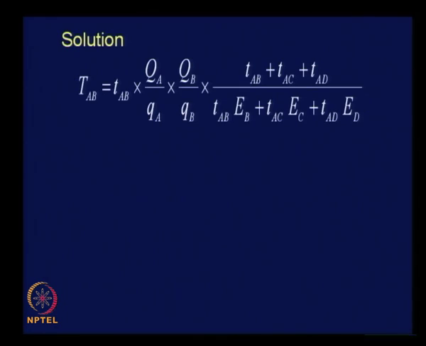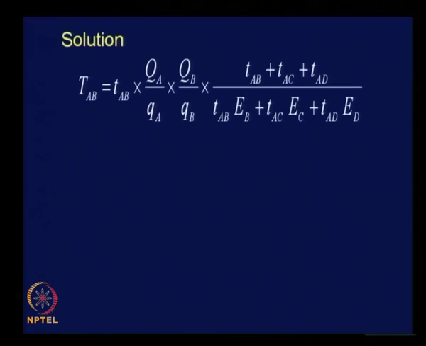We multiply the trip interchange by the growth factor corresponding to the destination zone: T_AB multiplied by E_B, not E_A, plus T_AC into E_C plus T_AD into E_D.